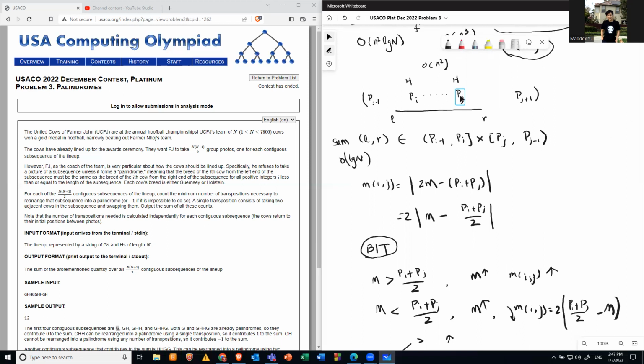For example, if you move this way, the middle of this will only increase. If you move this way, the middle will only decrease.